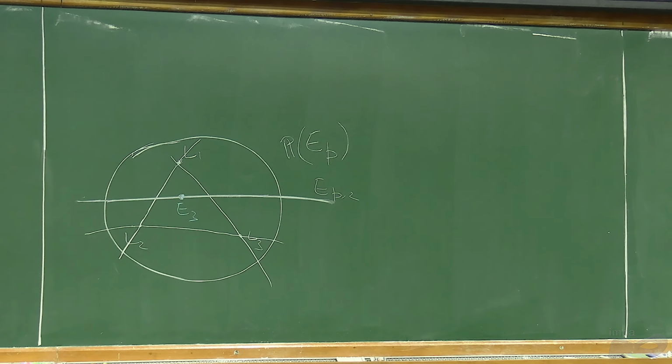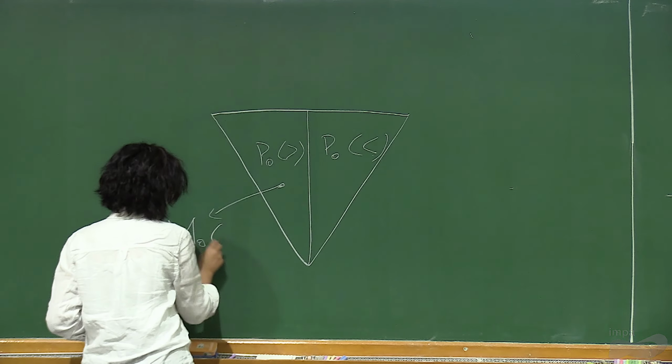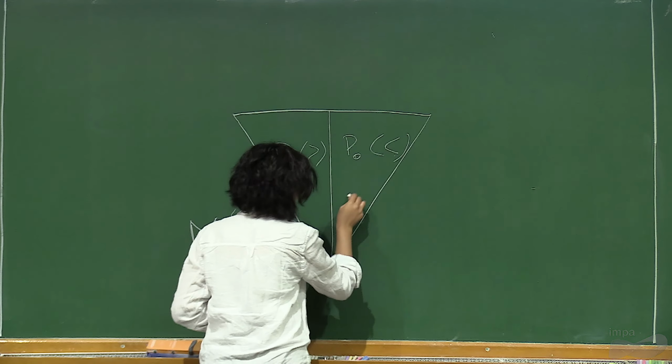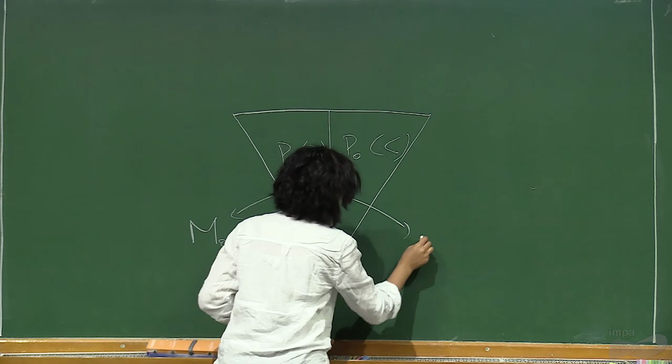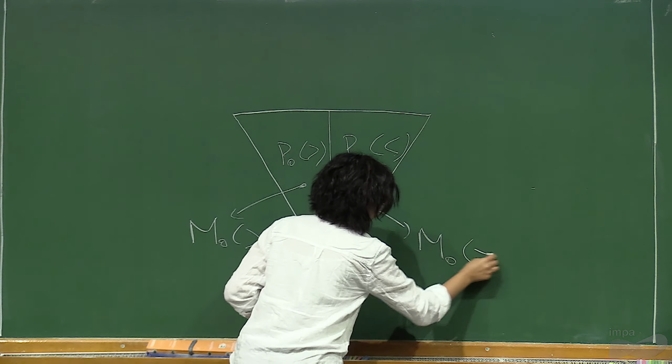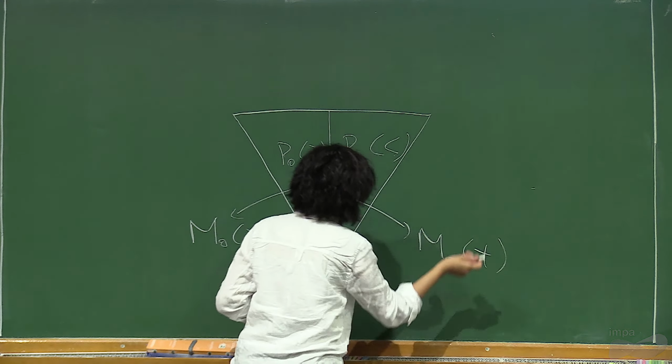So that means that essentially the two moduli spaces that I get, let's say for here I get M0, and for any point here I get M0 plus, or vice versa, maybe minus and plus.